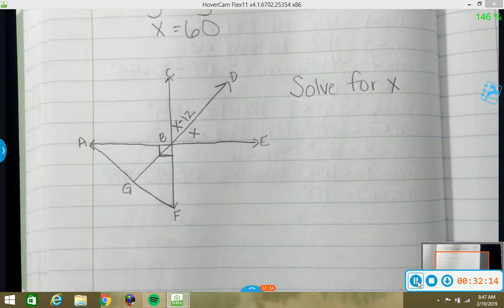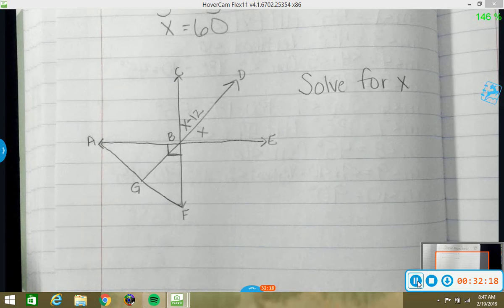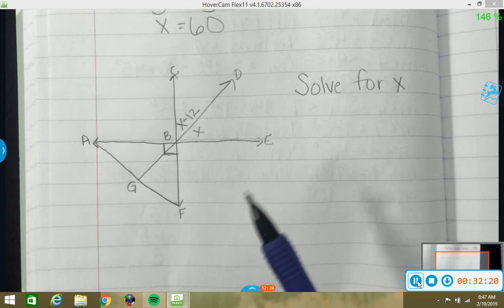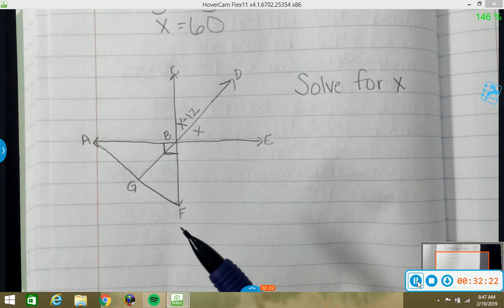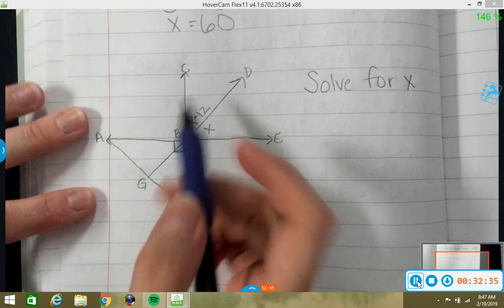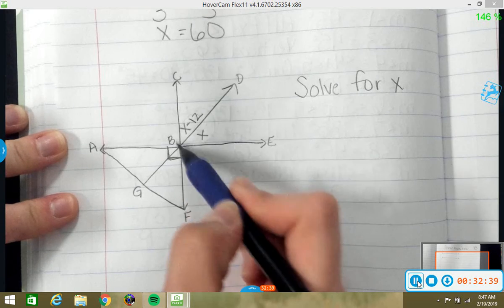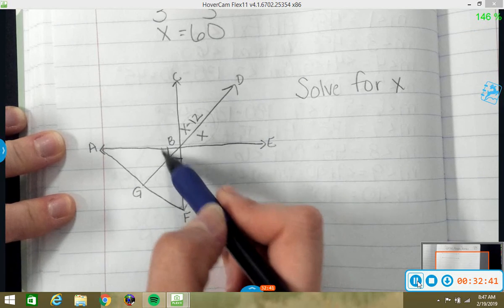So what we've been doing the whole time is being able to give it names, right? So what can I give the names here? What name can I give this? Vertical. What is the only angle that I actually know 100% for sure? We know that this is 90 degrees. Well, what do these have in common with this?